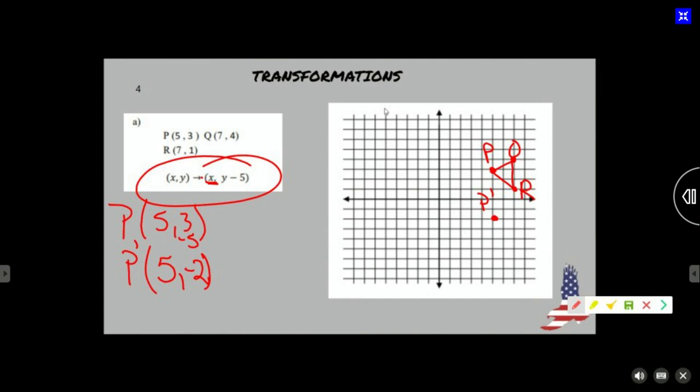How did it change? The Y stayed the same. What happened to the X? Let's look at it.